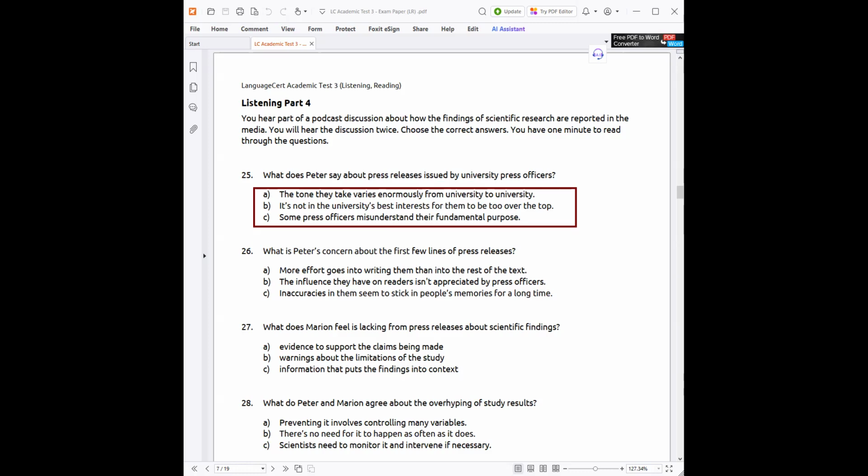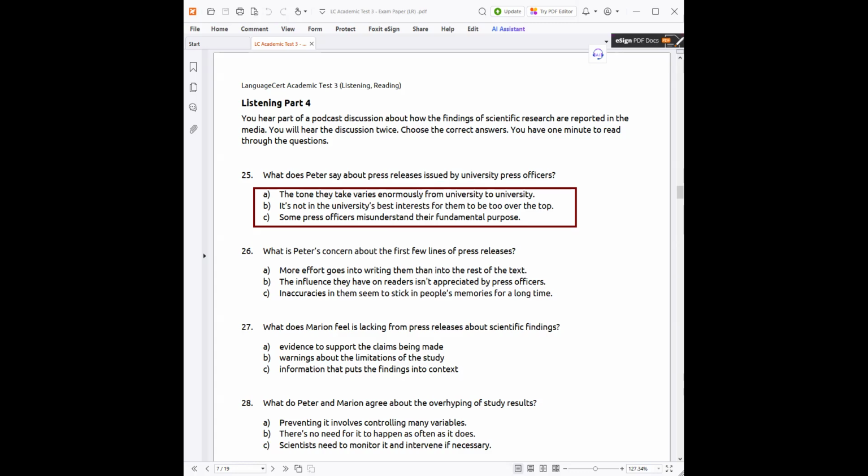On the podcast today, we're examining the issue of how the findings of scientific research get reported in the media, namely the problem of exaggeration and hype. What are the causes and what can be done about it? With me are Dr. Peter Summer, a psychologist with a special interest in the representation of science in the media, and Dr. Marion Grayson, professor of science communication at Redbridge University.